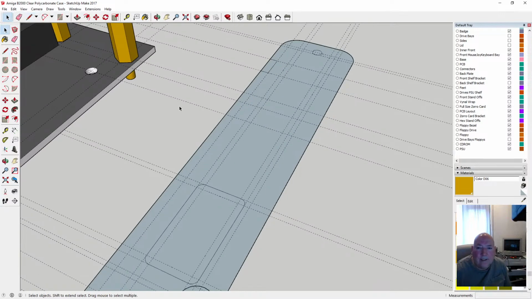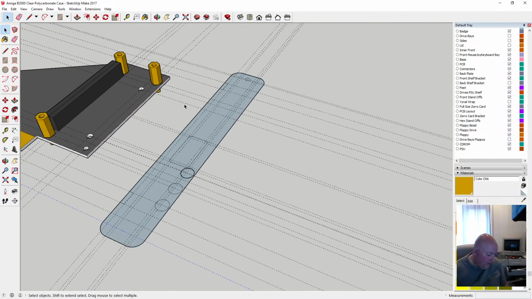Right, these are the brackets. The width of them is 12mm or 12.5. 12.5. So 12.5 long.